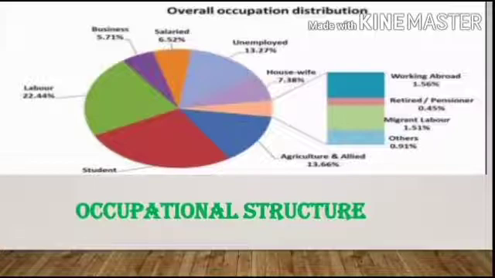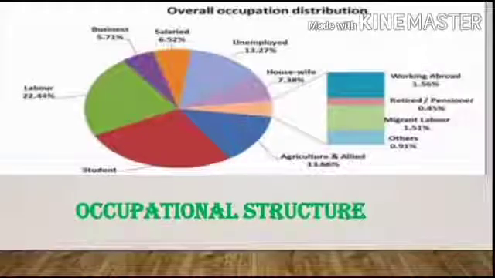This non-working group is dependent on the working group. If the proportion of working population is higher in a region, then the population is termed as industrious. Such a region has rapid development, means the place where working population is more, the place will be more developed.